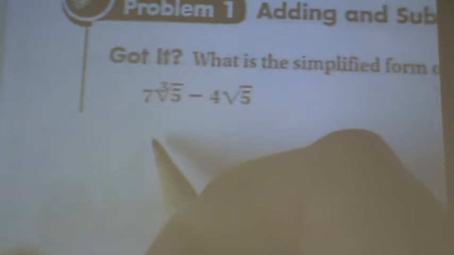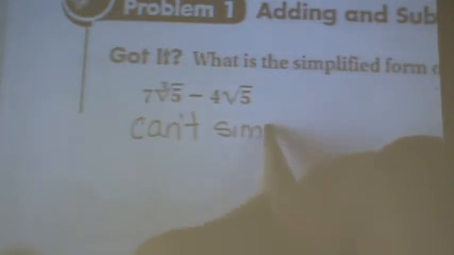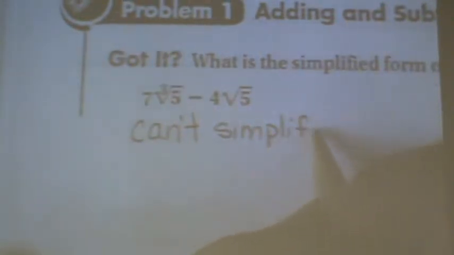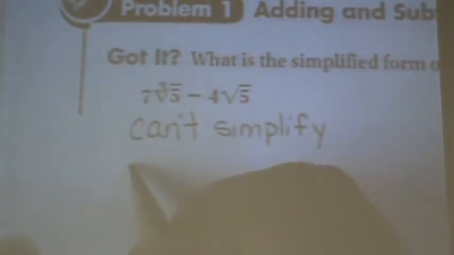You should be able to say, you can't do this because their indexes are not the same. The radicands are the same, so you can say can't simplify anymore, or you can just repeat the answer.